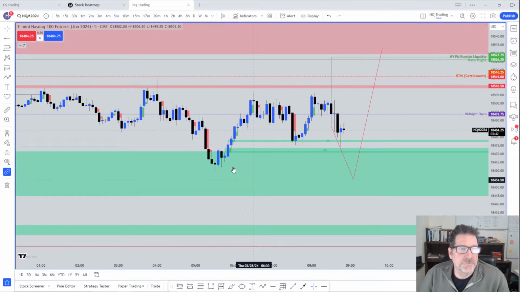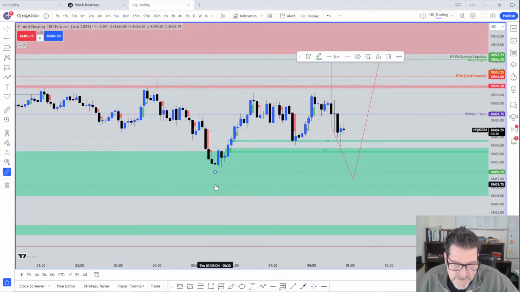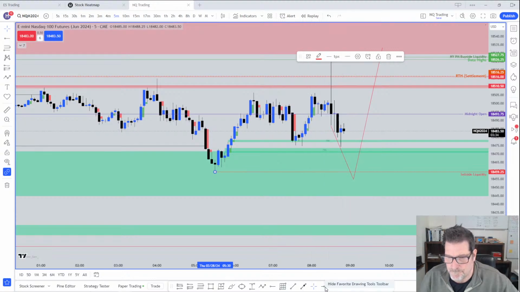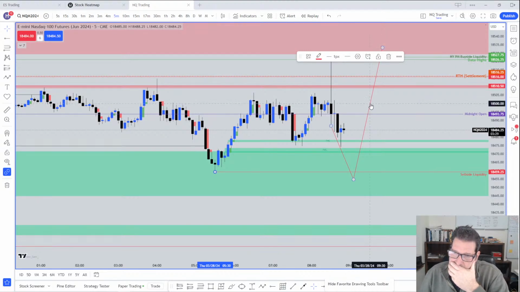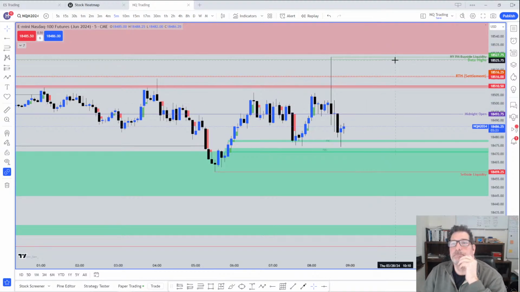Yeah, probably take out this liquidity, and then go back up. So that's it. That's what I'm seeing for the day. Hope that helps.